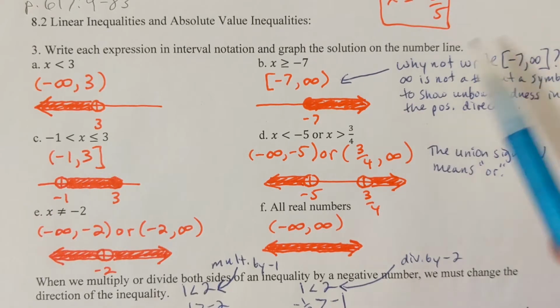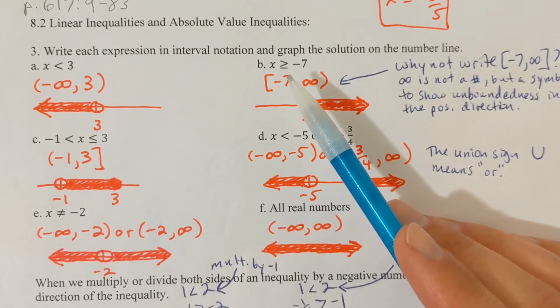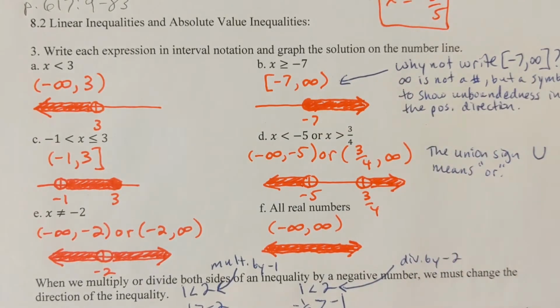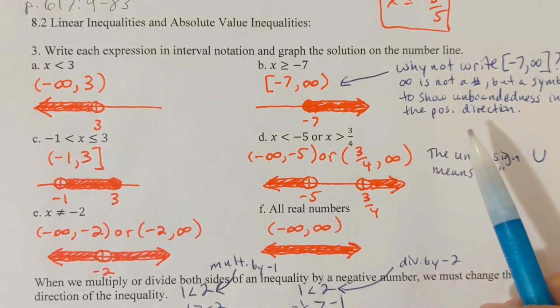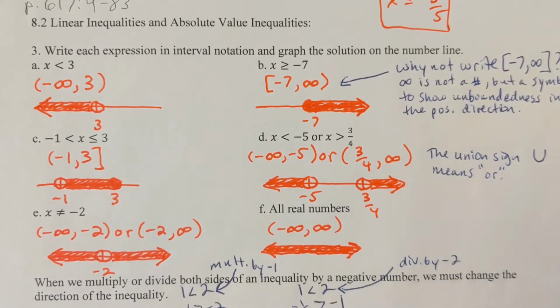Part B, let's use interval notation for all the numbers x that are greater than or equal to negative 7. Well, if I'm greater than or equal to negative 7, I'm heading out towards the positive direction, towards infinity. So I'm going to write negative 7 comma infinity, and it's got to be in that order.